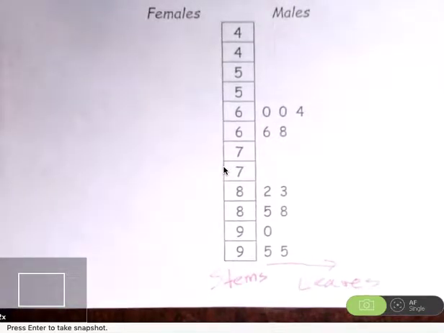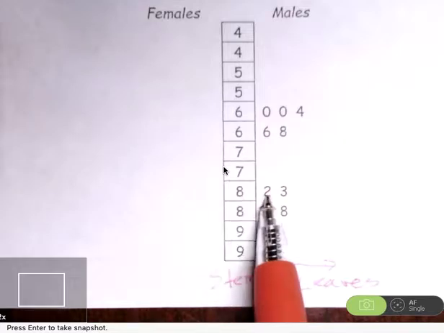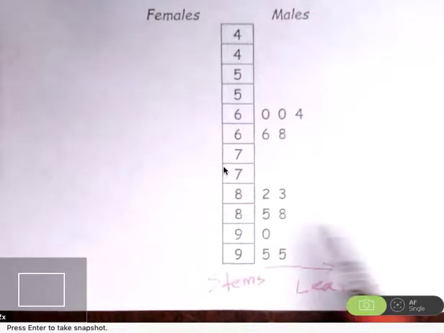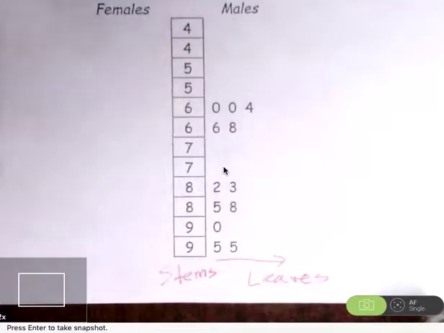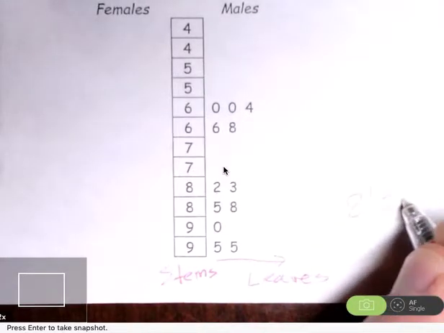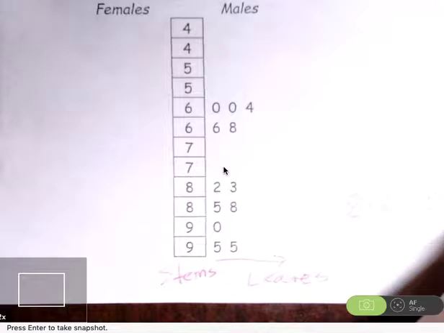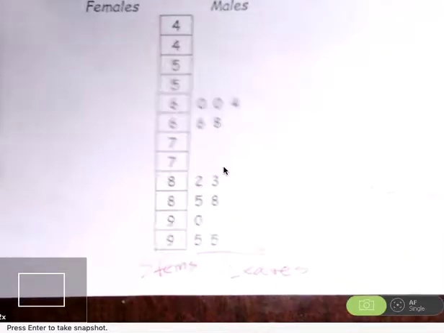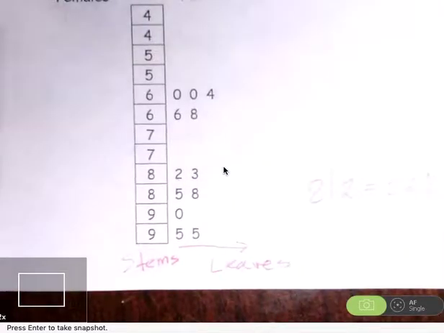It's called a stem and leaf plot because together the stem and the leaf make an observation. So for instance, this 8 and this 2 together, a stem of 8 and a leaf of 2, represents an 82% on the Geometry 2 final exam.